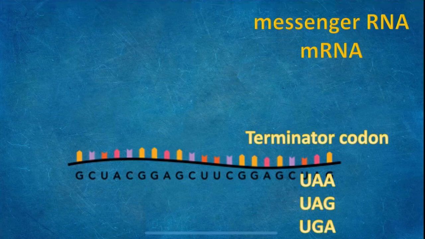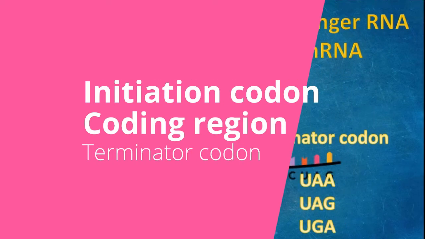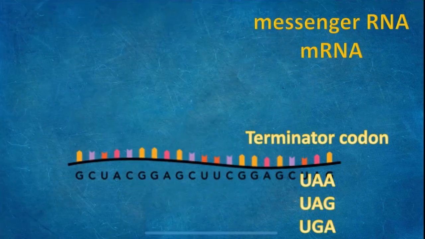Because of this region only, the termination is possible. So the whole mRNA structure contains three things: initiation, then the coding region, and lastly the terminator codon. And the whole mRNA helps the protein synthesis process.